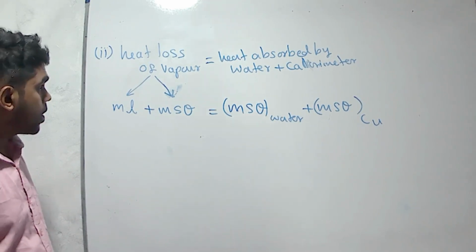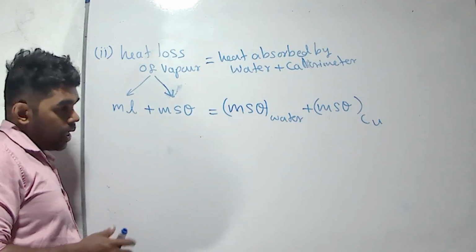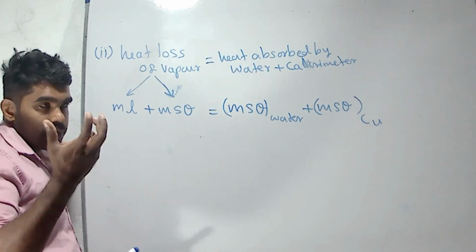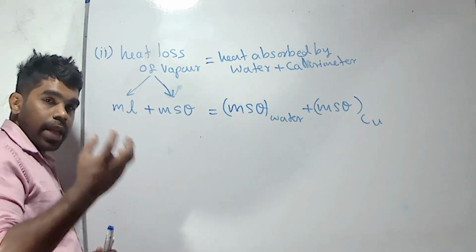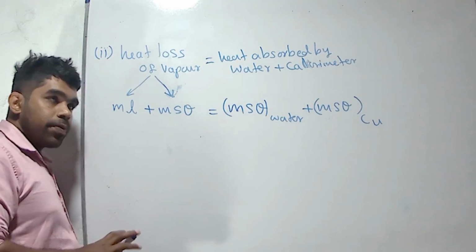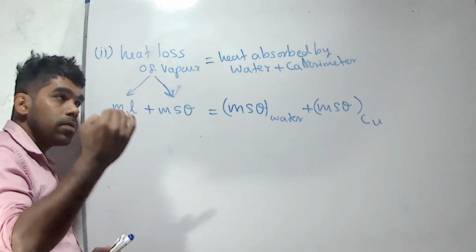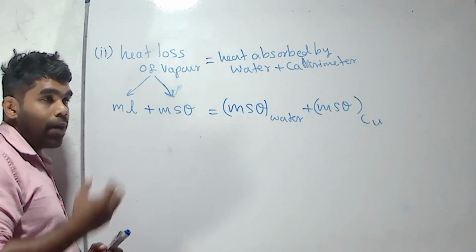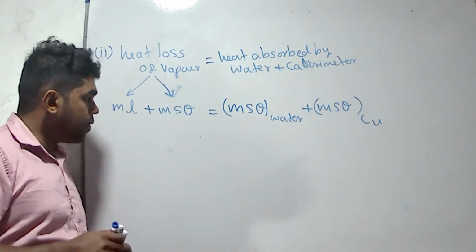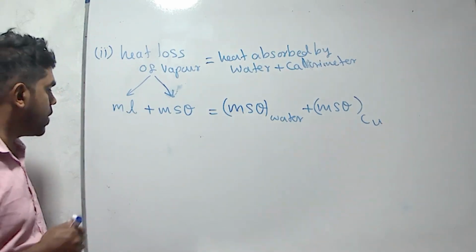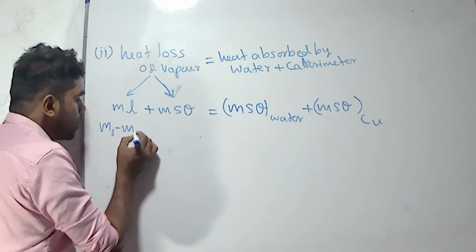Then we can substitute the corresponding measurements. The initial mass of the empty calorimeter with stirrer is M1, then the mass of empty calorimeter, stirrer and the water amount we added initially is M2. After mixing vapor, the total mass is M3. Then the vapor mass is M3 minus M2.